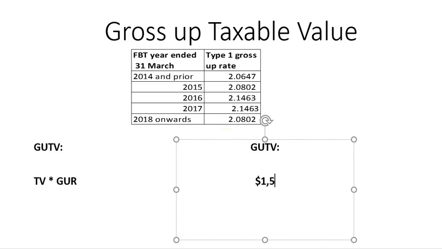So we've got $1,500 being taxable value multiplied by the gross up rate of 2.1463, and this comes to a total of $3,219 if we round it to the nearest dollar.